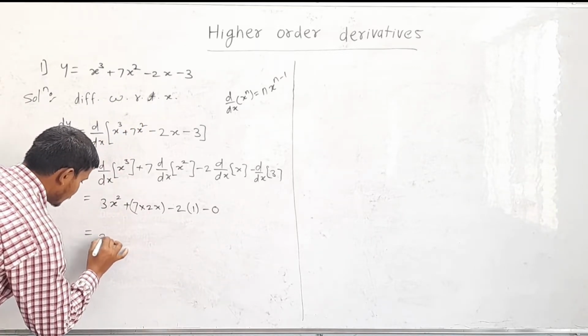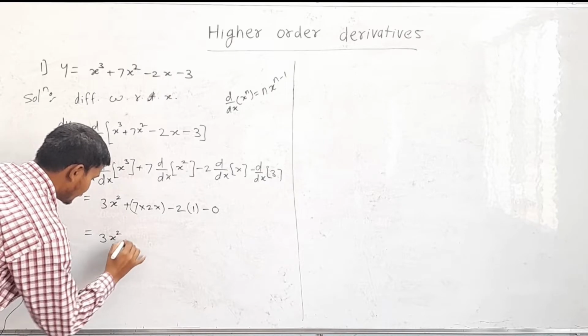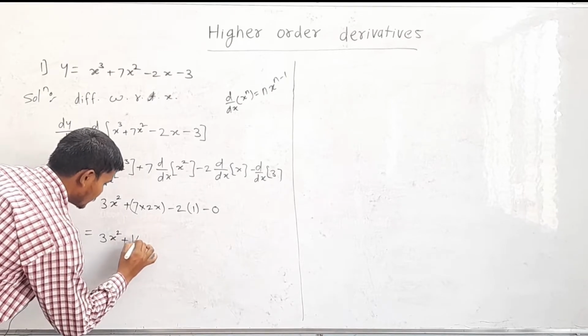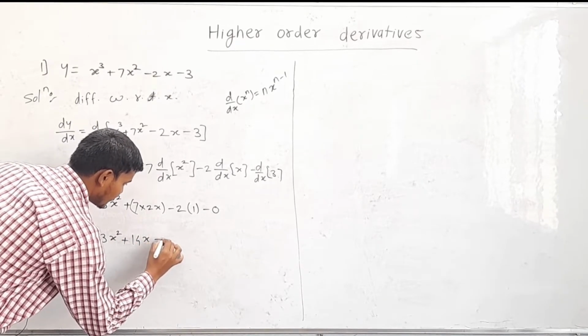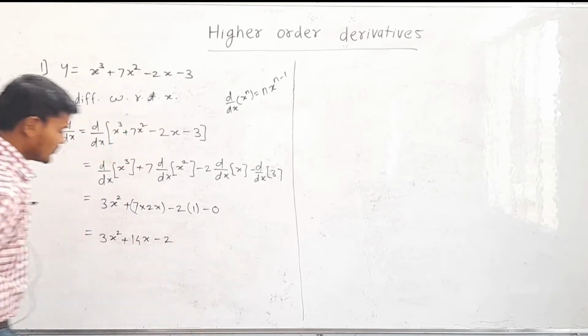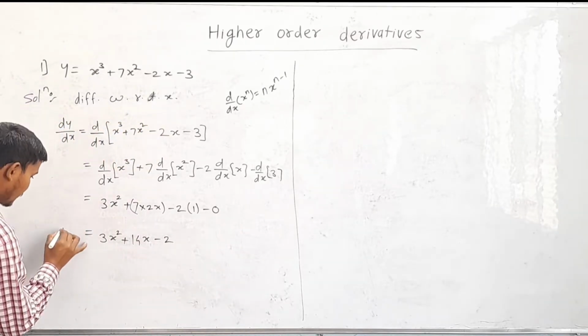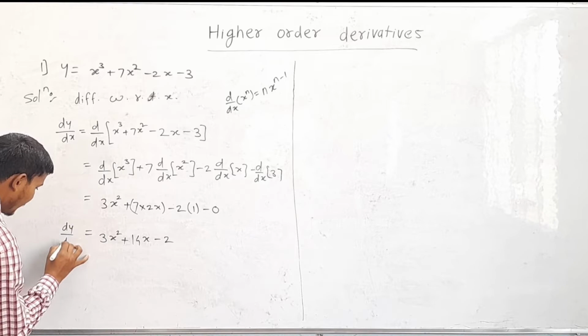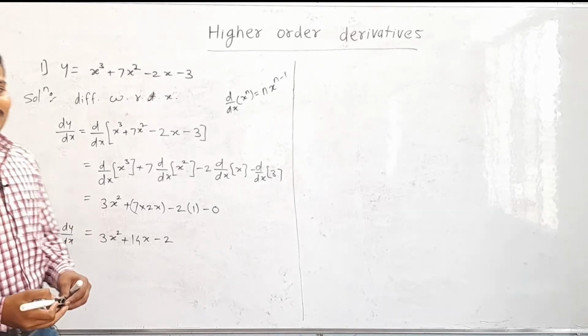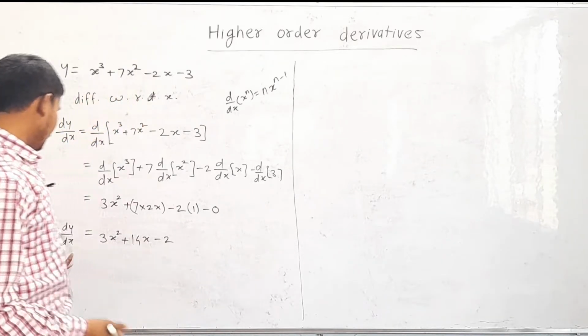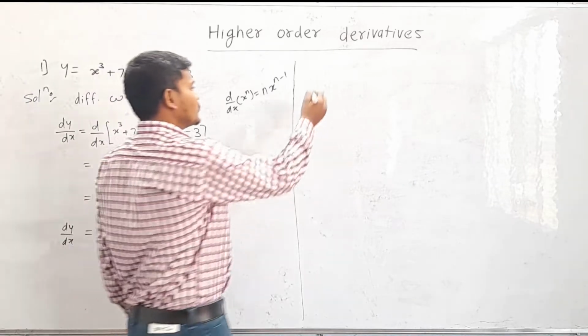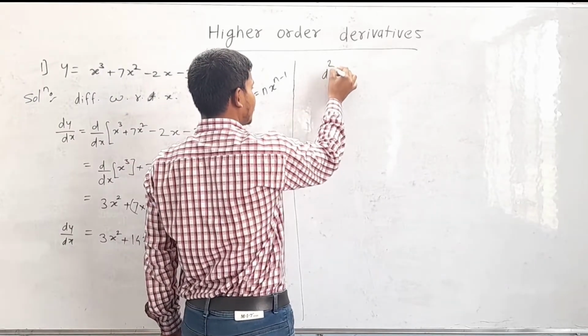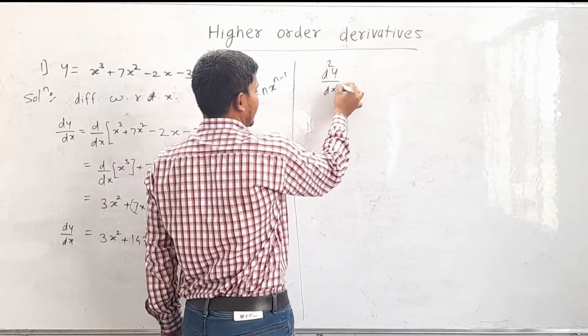So, 3 x square plus 7 into 2 14 x minus 2 into 1 2 minus 0. So, this is dy by dx, but we have to calculate the derivative of second order, that is d2y by dx square, d2y by dx square.